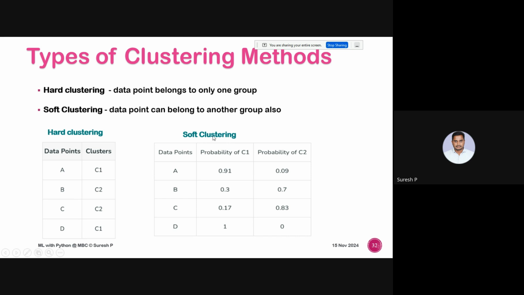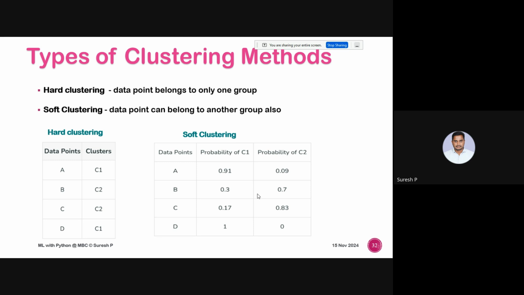In soft clustering, we do the clustering process based on the probability value. So here, if we have a 50-50 probability, then automatically the data point can be in both clusters. For data point A, the probability of being in cluster 1 is 0.91, and the probability of being in cluster 2 is 0.09.